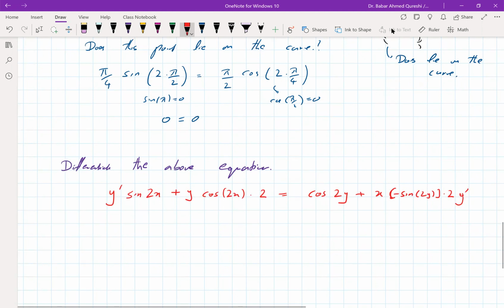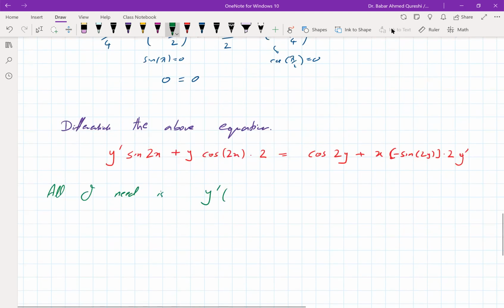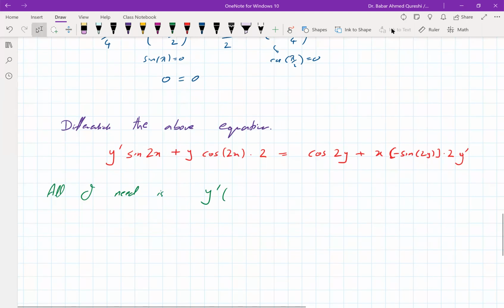Now, all I need is y dash at the value of x pi by 2.